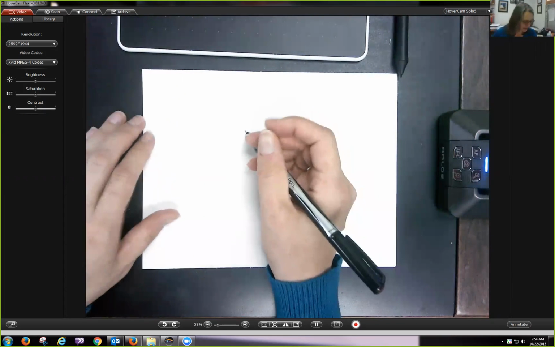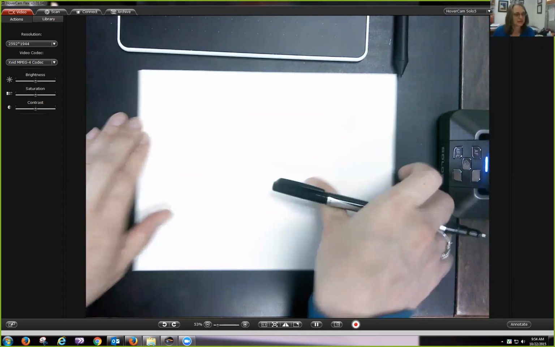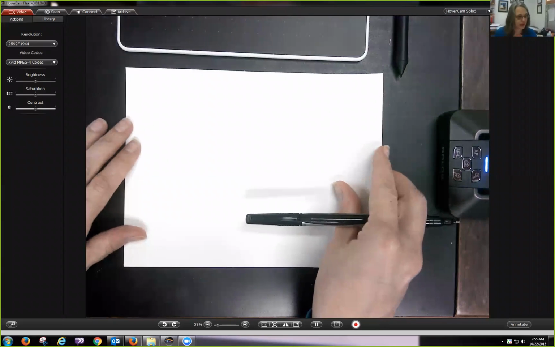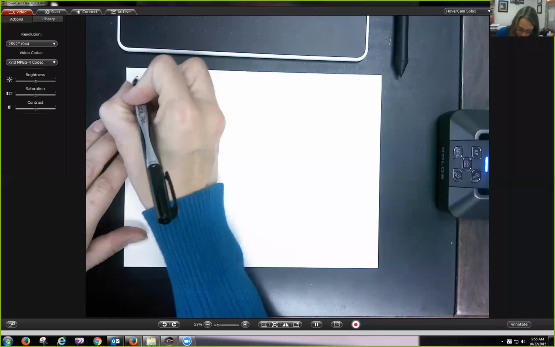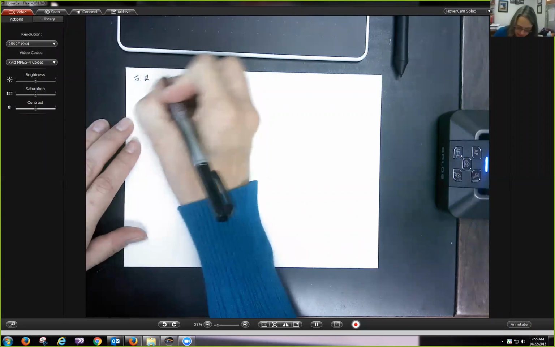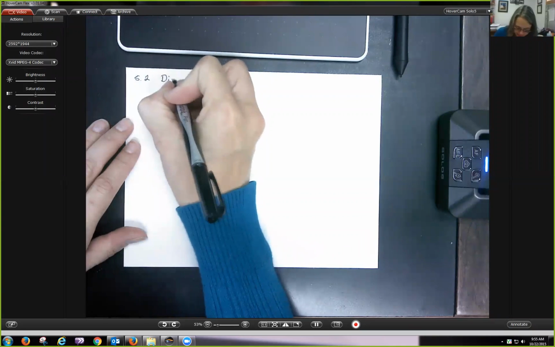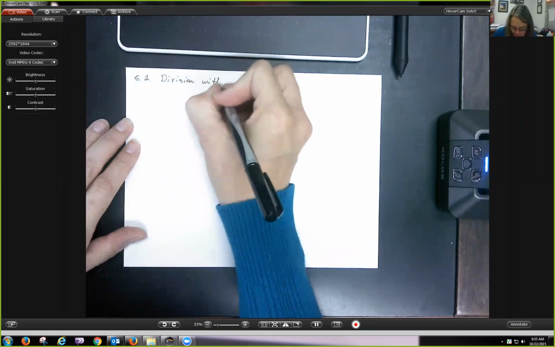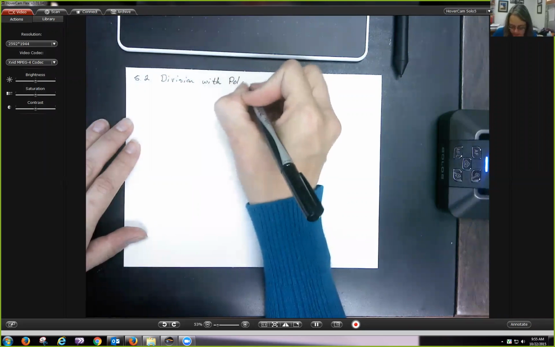And specifically, we're going to talk about section 5.2. Now, 5.2 is all about division with polynomials.